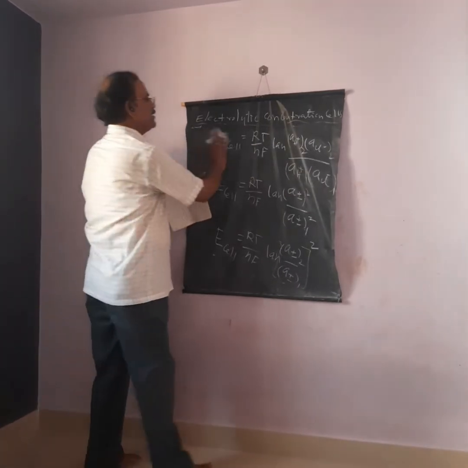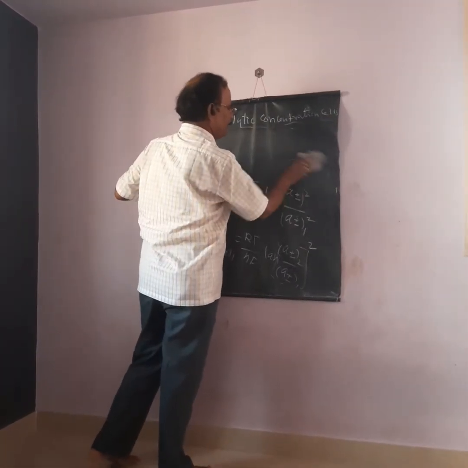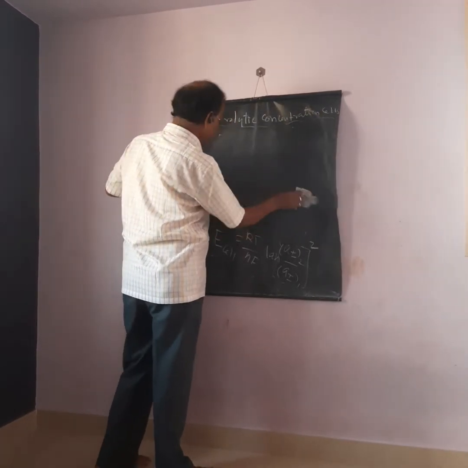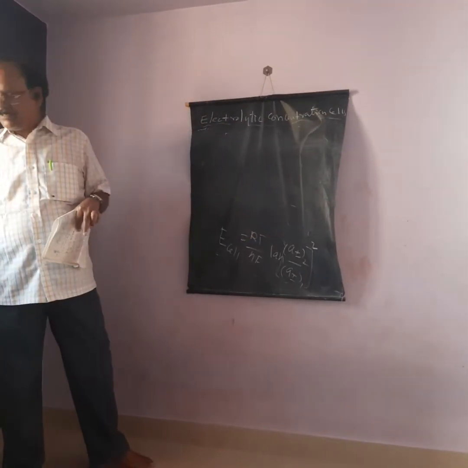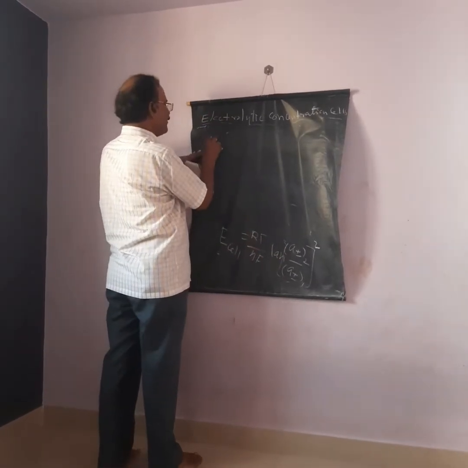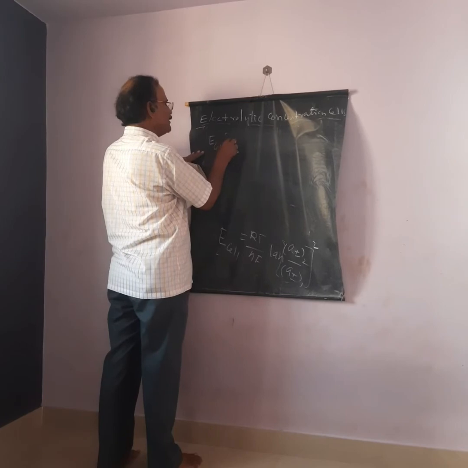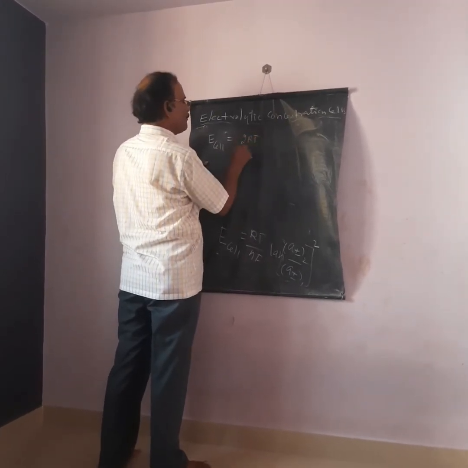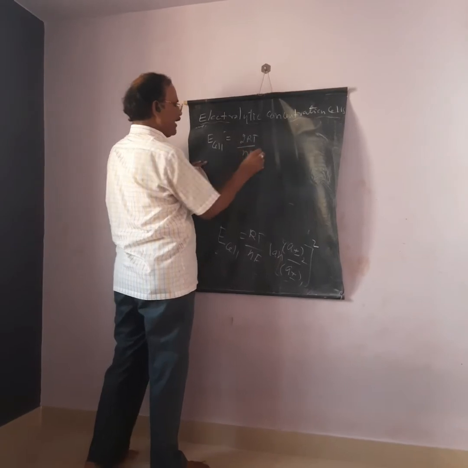So in the next step, you can convert this activity into activity quotient. That is, the EMF of this cell is equal to 2RT divided by NF.